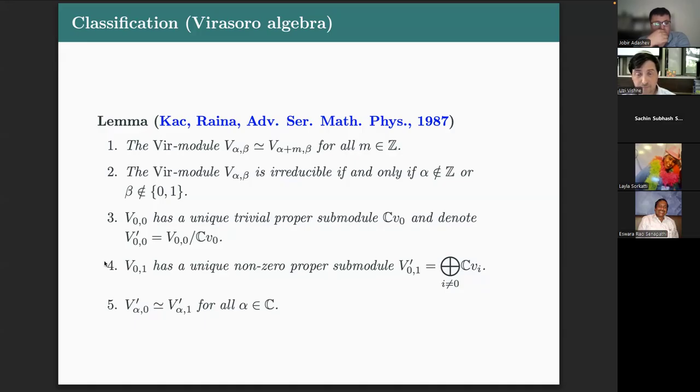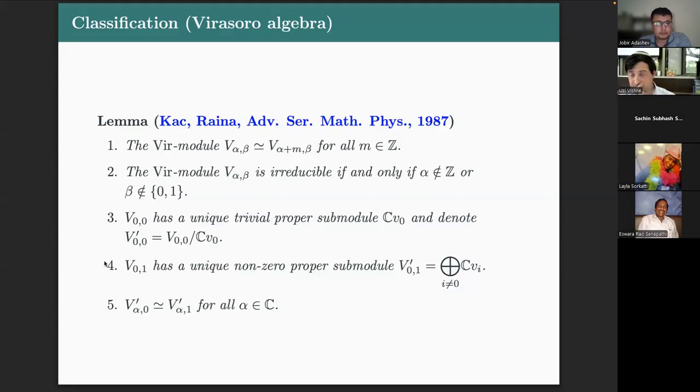They also observed that V00 has a unique trivial proper submodule, with its quotient, and V01 has a unique non-zero proper submodule. And V' alpha 0 is isomorphic to V' alpha. Fine. So you have highest weight modules, and these are the uniformly bounded intermediate series modules.